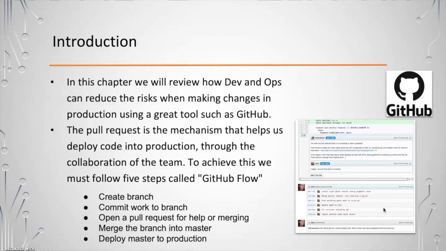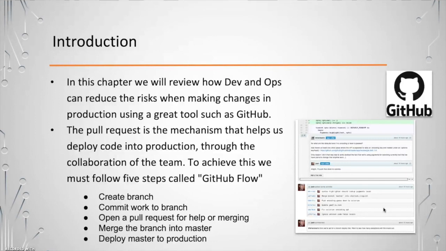GitHub will allow us to have a better system, safe and without failures, by including the entire work team in this process. GitHub is a great application that allows us to review each step of our application and allows us to share the work with other people who also work on the same application or inspect the application to avoid any error.